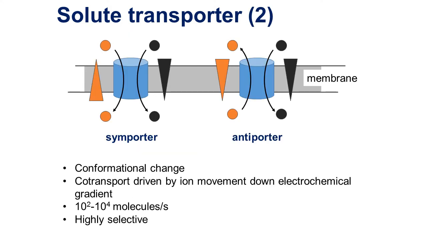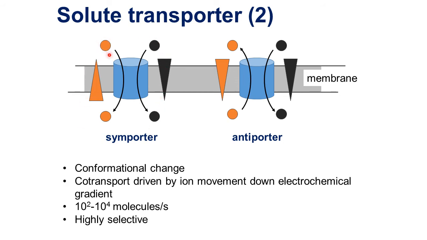In addition to uniporters, which facilitate the transport of a single molecule down the concentration gradient, there are also solute transport proteins that couple the movement of one molecule to the movement of a second. If this movement is going in the same direction, it is called a symporter, which is shown here on the right schematically.